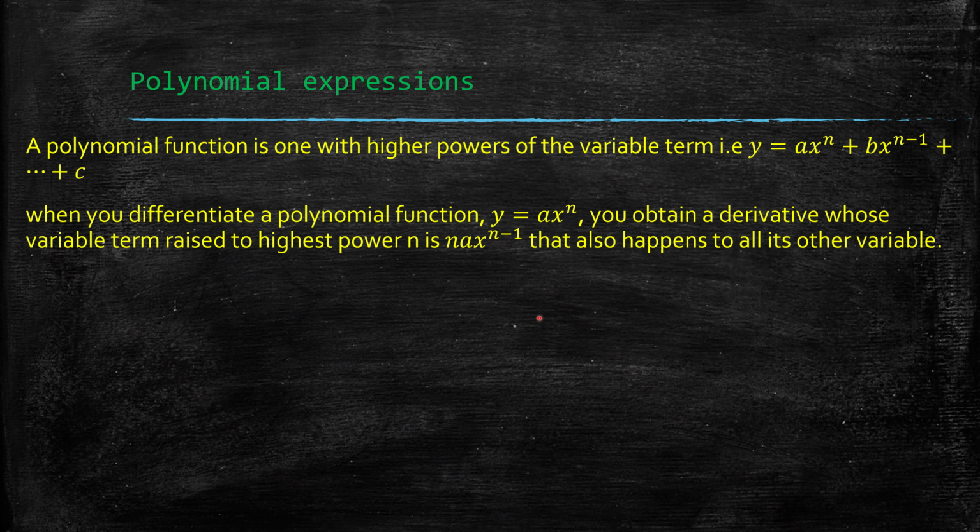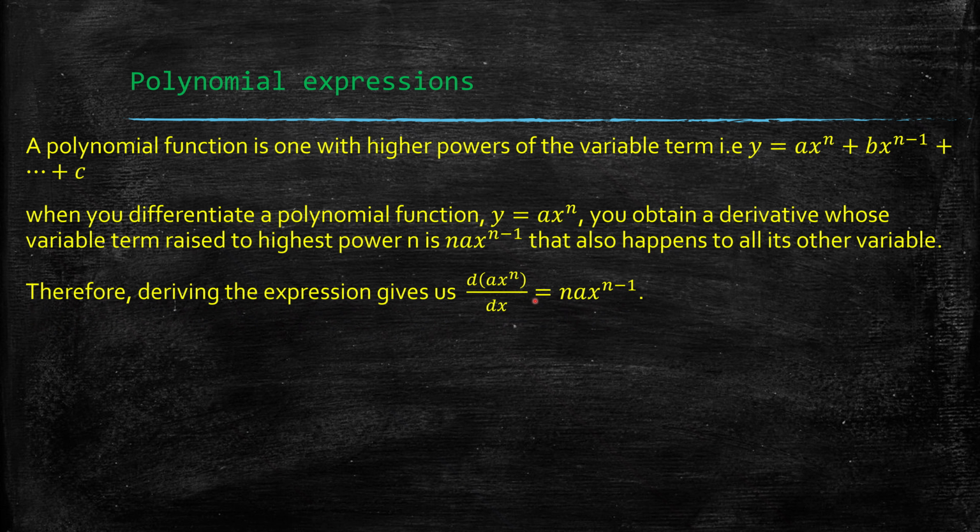Hope you are getting what we mean, although we are going to do it from first principles, and later on we shall show you how that formula comes about. Therefore, deriving this expression is going to give us this form, which is what we talked about previously here.